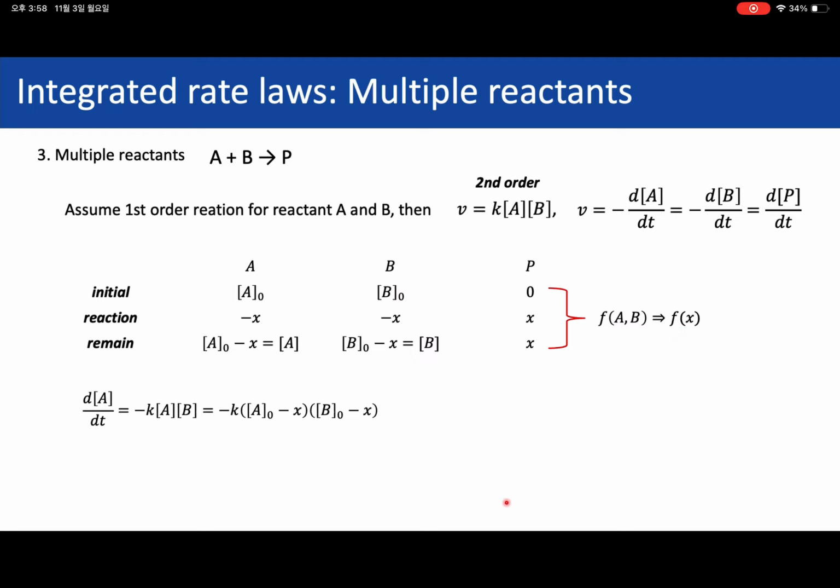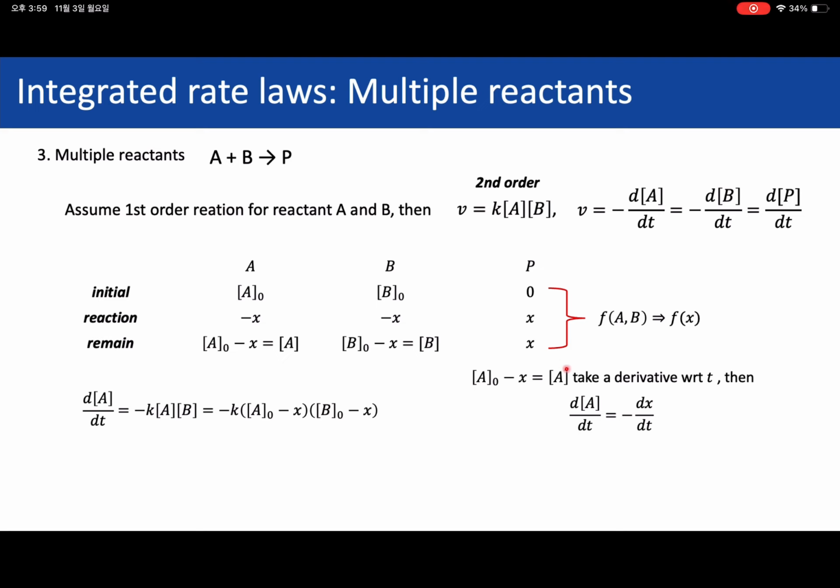Now let's rewrite this rate law. This rate law can be written as negative dA over dt equals k multiplied by the concentrations of A and B. But now we can rewrite the concentrations in terms of X. So it's A0 minus X, and B is B0 minus X. So now it's only a function of X. But this left term is still a function of A, so we can take the derivative of this relation.